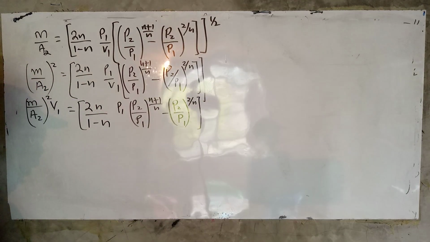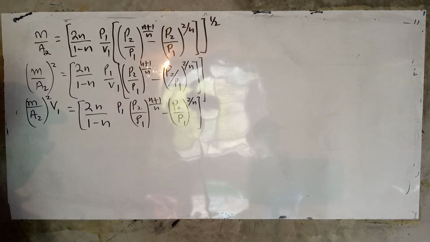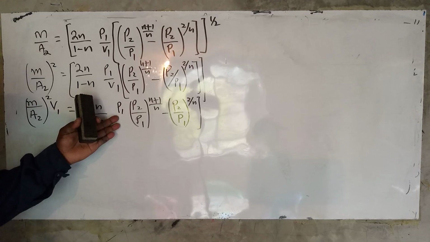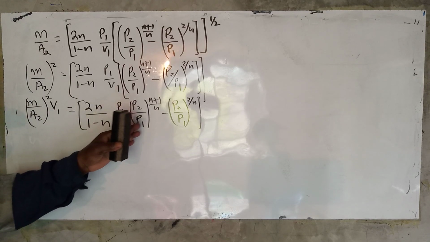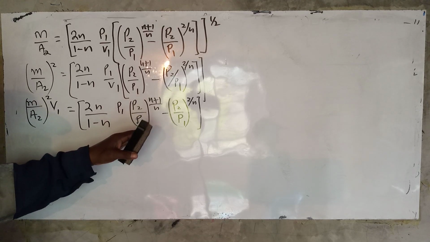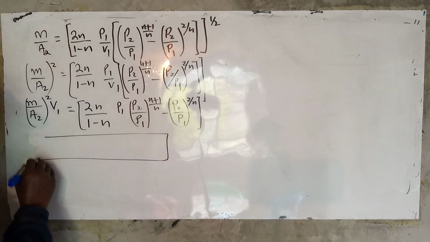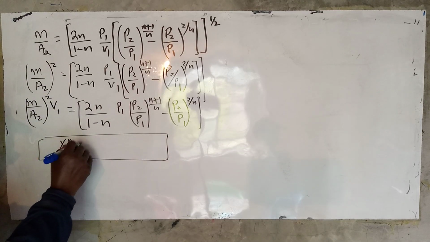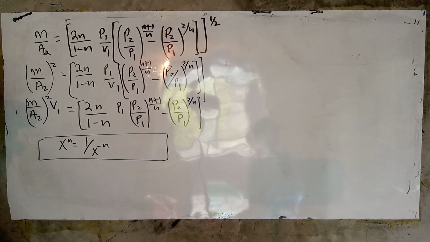And you need to be very careful when you're dealing with these types of quantities. Now, we can simplify by realizing that this is P raised to power 1. And if we take it into this particular bracket, if we take it down here, then remember, if we use the identity, if we have x to the n, that is 1 over x to the minus n.